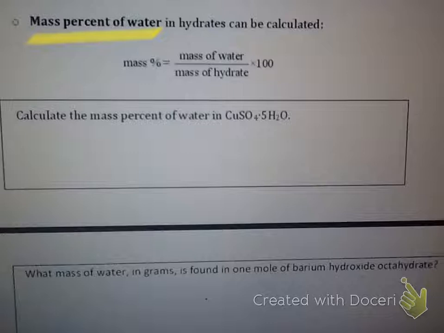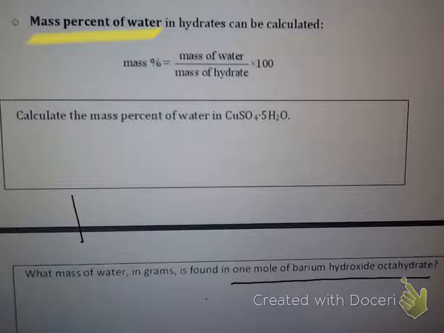The second one says, what mass of water in grams is found in 1 mole of barium hydroxide octahydrate? Here we're actually not asked to calculate the percent water, but the grams. You can do this one for yourself, but I just want to get you started. You have 1 mole of barium hydroxide octahydrate.